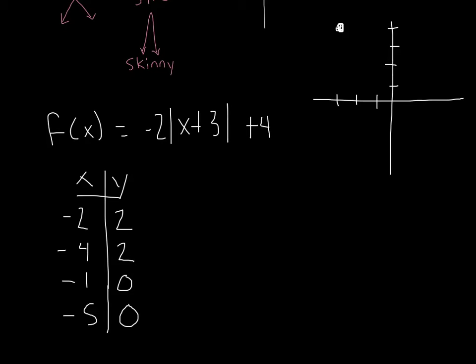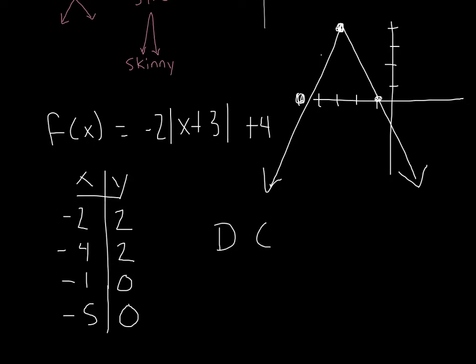So I plot those points on my graph. I have (-2, 2), (-4, 2), (-1, 0), and (-5, 0). So I connect those points and I see that's the function.